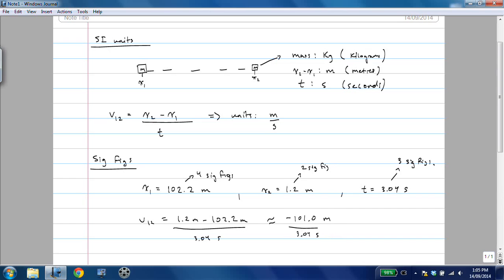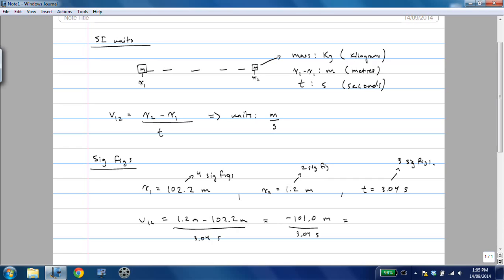But now we have to decide how many sig figs that we want to keep. So when we look up here, we have 4 sig figs here, 2 here, and 3 here. And our answer will always want to be in the fewest significant figures given. So since this is the lowest here, we want to represent our answer here.